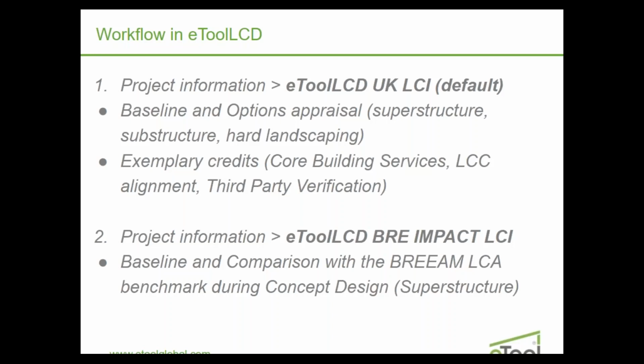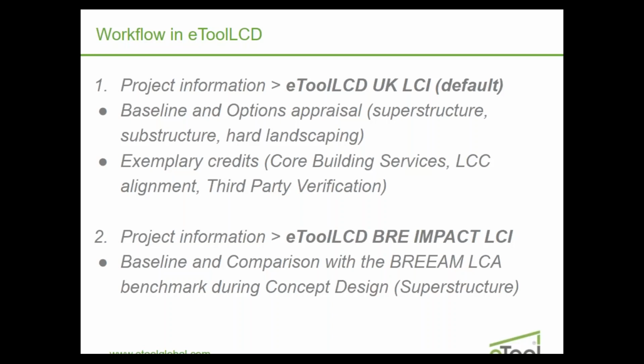But you have to create a different model for the benchmark comparison, because the pre-impact benchmark was modeled using the impact database, obviously, and then you have to have the same data set for comparison. So you have to create a new design on a new project using a different data set. That's for your benchmark comparison.